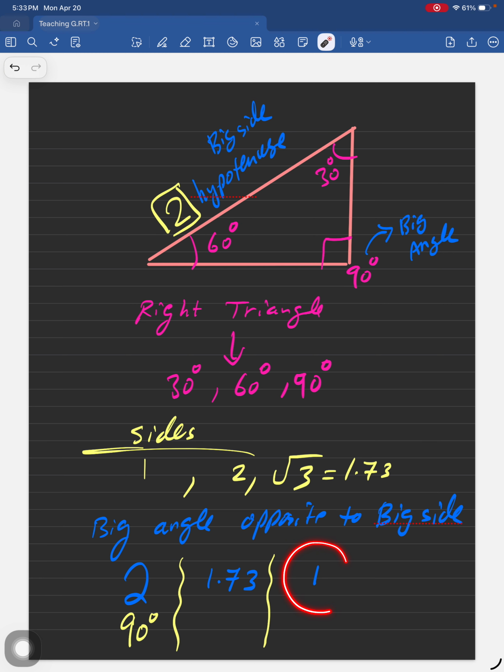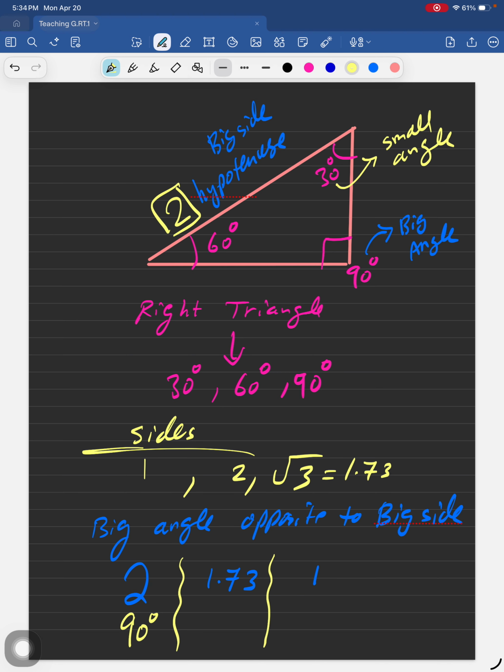Okay, now let's talk about the 1. Number 1 here is what? It is the small side. So here is the small side, and we can see that the 30 here is the smallest angle, small angle.